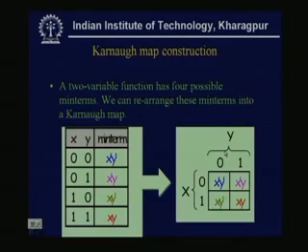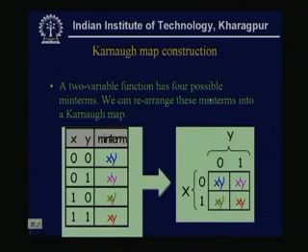Now we see how we can construct the Karnaugh map, because we defined that this is a graphical representation where we can put the Boolean expression if the expression is represented as a sum of minterms. So, a 2 variable function has 4 possible minterms: x bar y bar, x bar y, x y bar, x y. Now we can rearrange these minterms into a Karnaugh map.